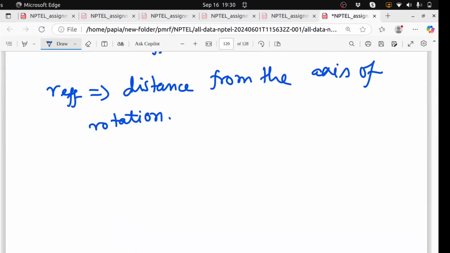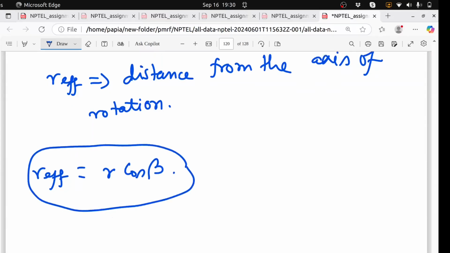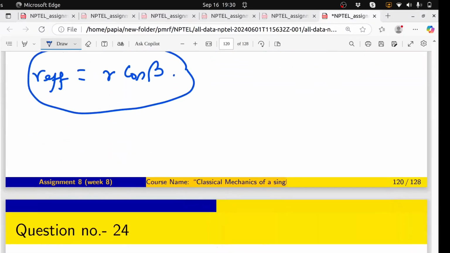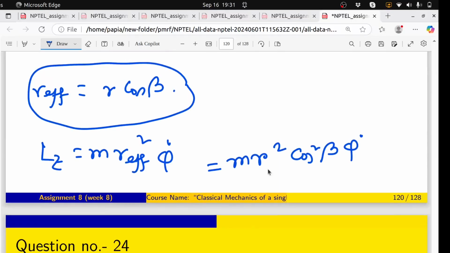So for the cone, the effective radius can be written as r cos beta. So then I can say here that our Lz, which is m r effective square phi dot, is nothing but m r square cos square beta phi dot. Okay, this is constant, this is conserved.